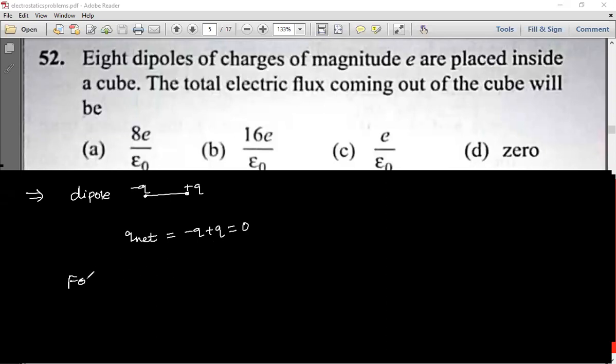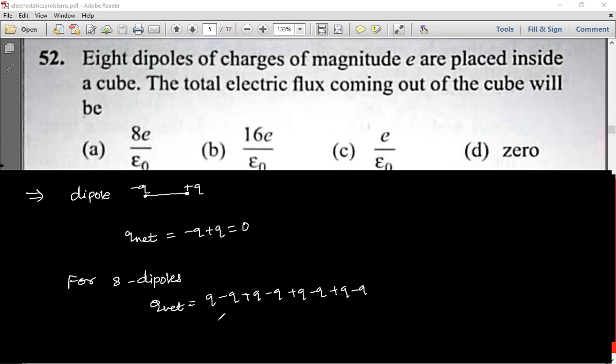Even for 8 dipoles, Q net is equal to Q minus Q, then plus Q minus Q, plus Q minus Q, and so on. 1, 2, 3, 4, 5, 6, 7, 8.